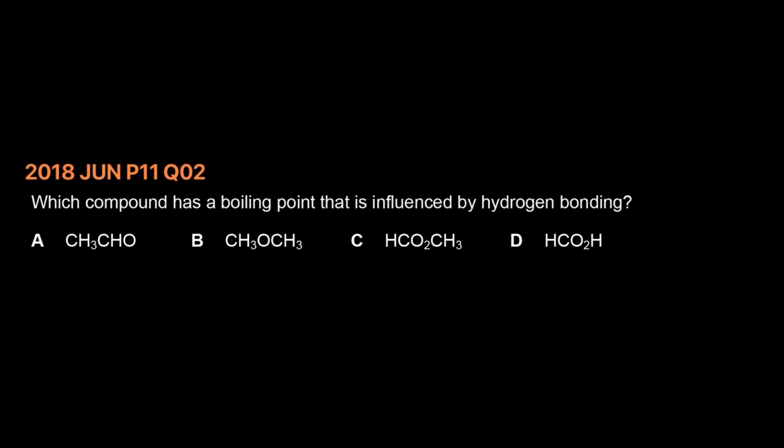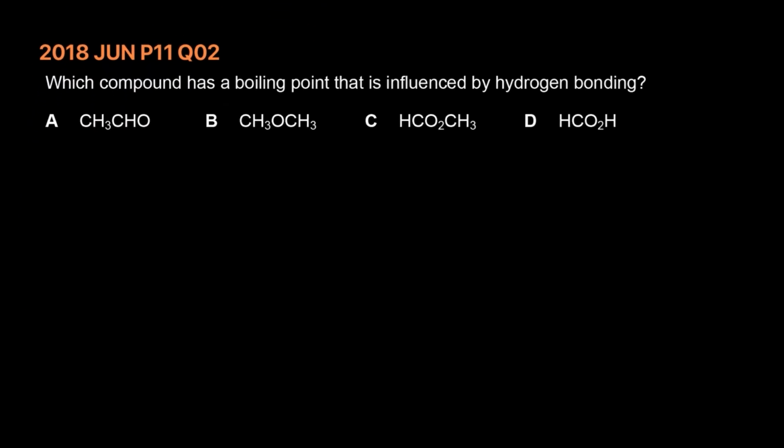Now, I'm going to throw you a question that will look like, hey, we haven't done organic yet. And that's okay. But if I were to draw the molecules that are represented by these formulae, then you can solve the question, because the question is all about hydrogen bonding. And here, if I draw A out, Alpha is this. This is the molecule Alpha. And if I draw Bravo out, that is CH3OCH3.